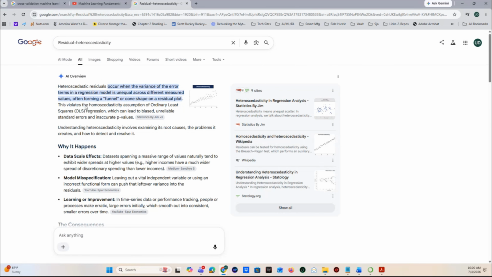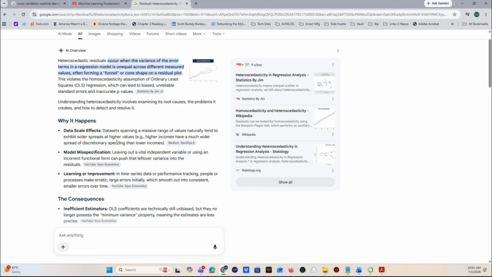Heteroscedasticity occurs when the variance of an error term in a regression model is unequal across different measured values, often forming a funnel or cone shape on a residual plot.